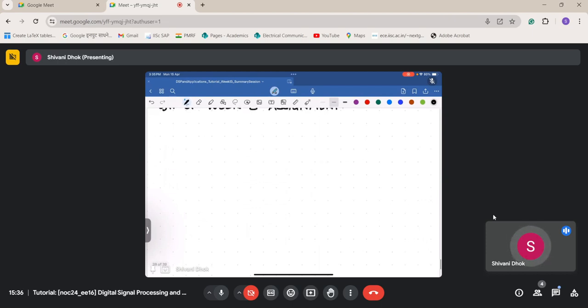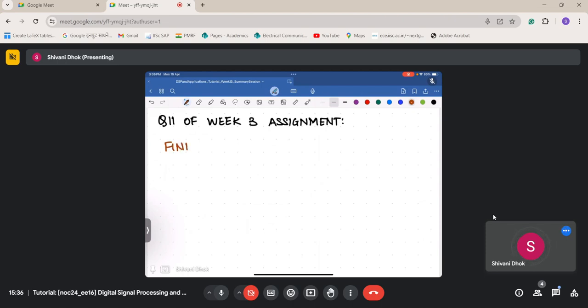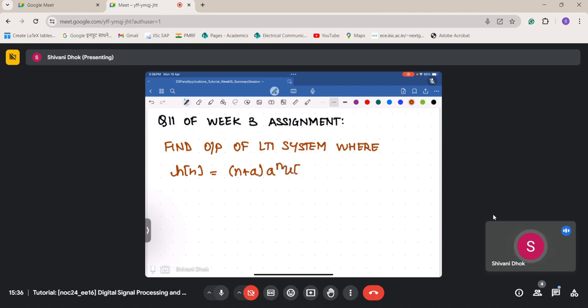Okay, so what is asked is, find the output of the LTI system where impulse response h of n is n plus a into a to the power n into u of n, and x of n is cos of omega n, and then they wrote this as half of e power j omega n plus half of e power minus j omega n.